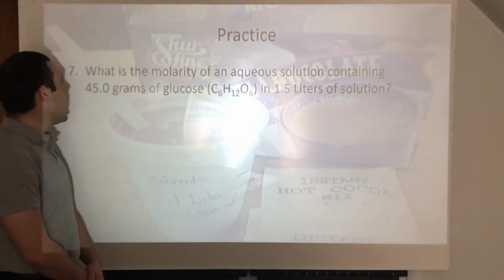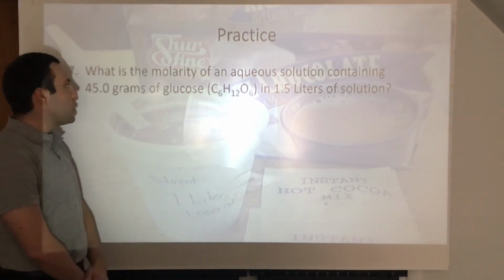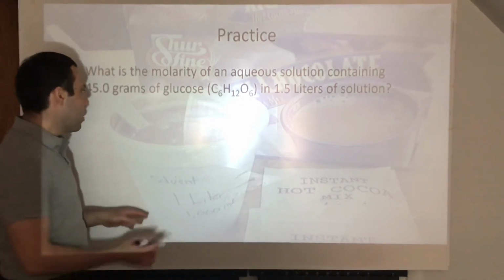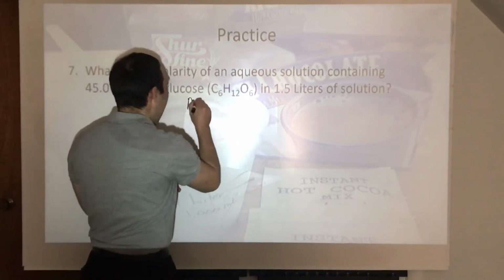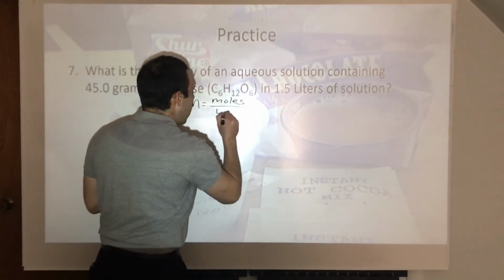Problem number 7 states, what is the molarity of an aqueous solution containing 45.0 grams of glucose, C6H12O6, in 1.5 liters of solution? Remember, the molarity formula, capital M, equals moles over liters.